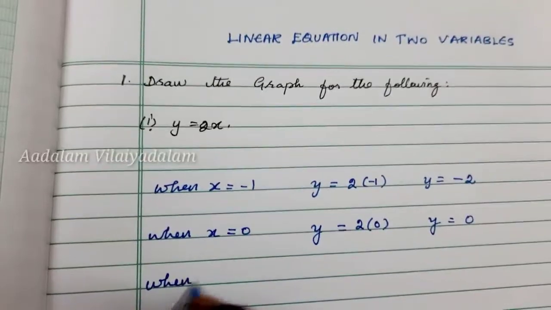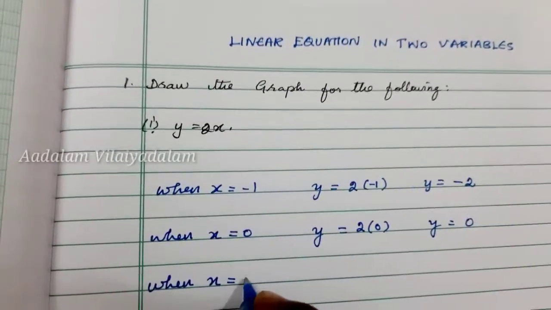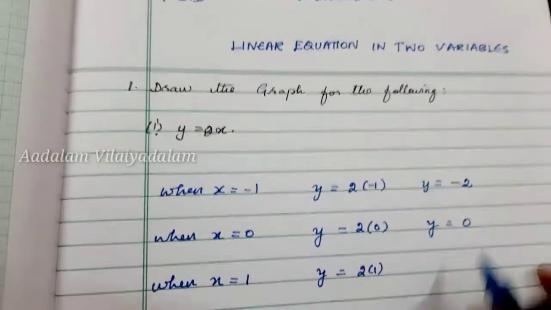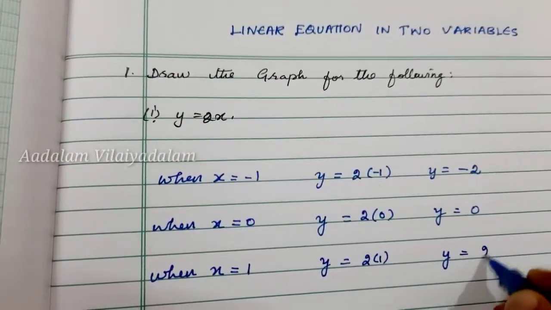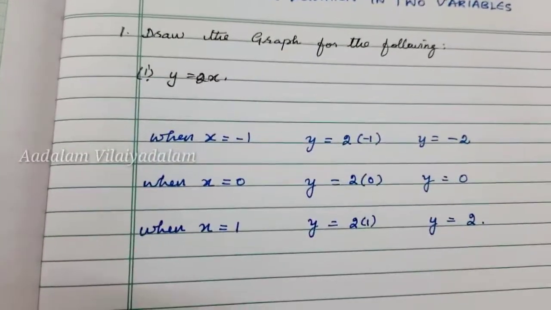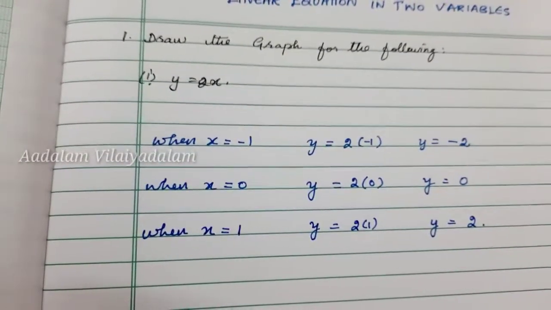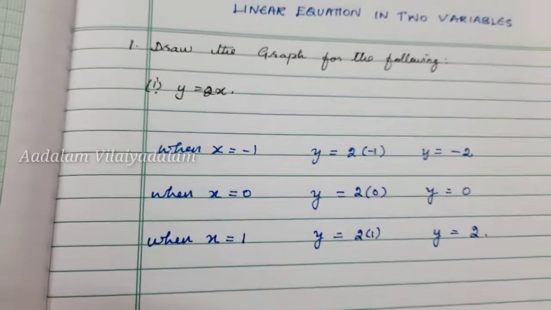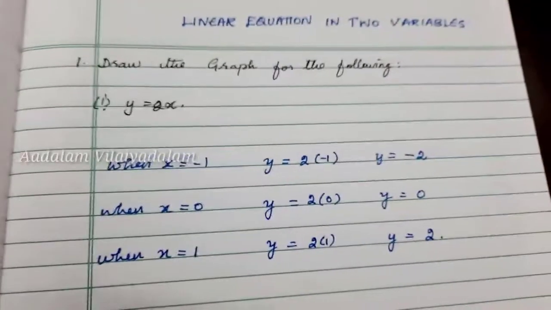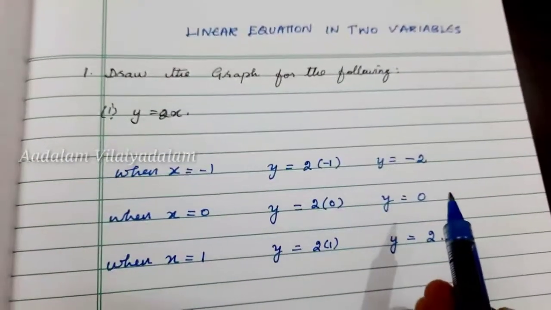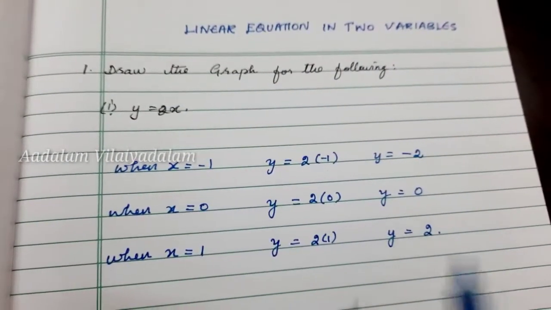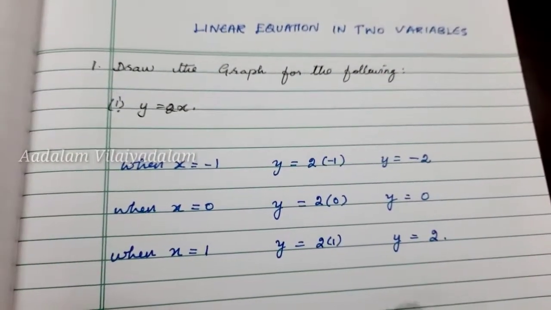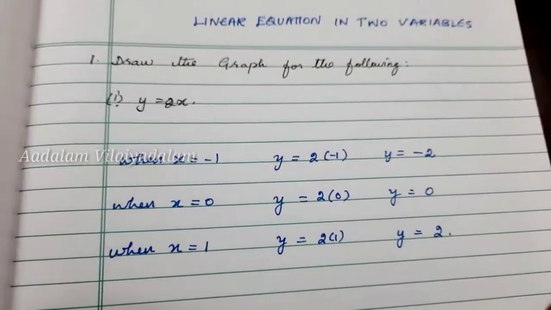When x equal to plus 1, then y equal to 2 ones are 2, then y equal to 2. We can go for more than 3 or 4 numbers, but solving a linear equation of two variables gives a straight line, so to plot the straight line, these 3 points are enough.